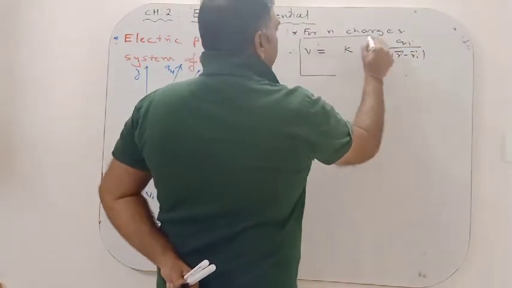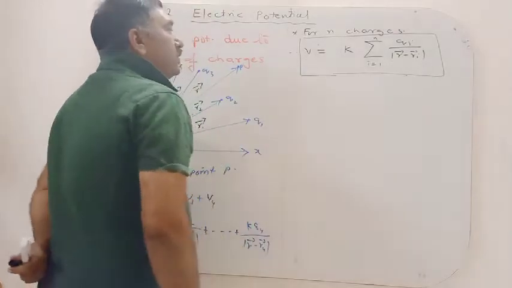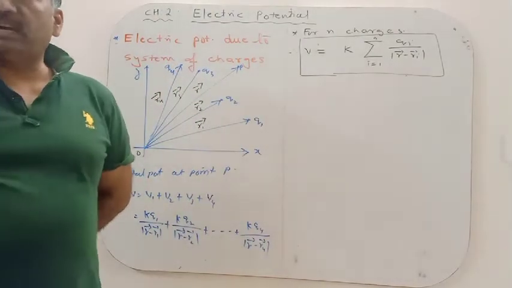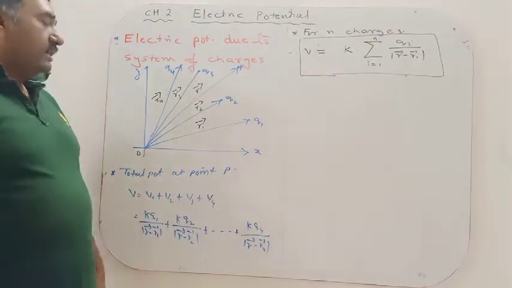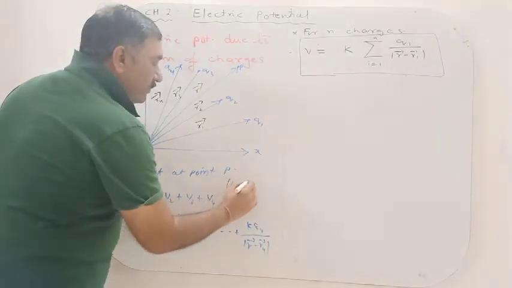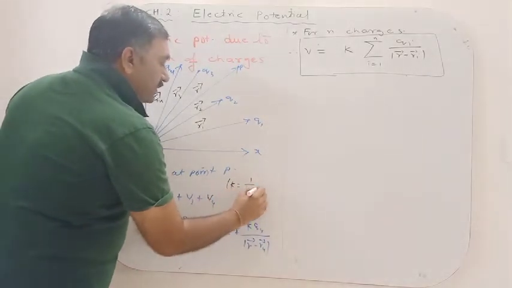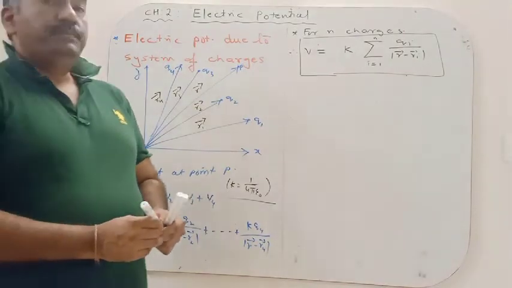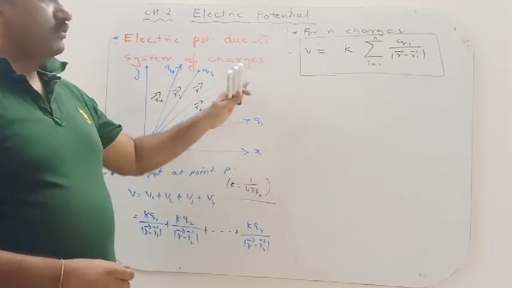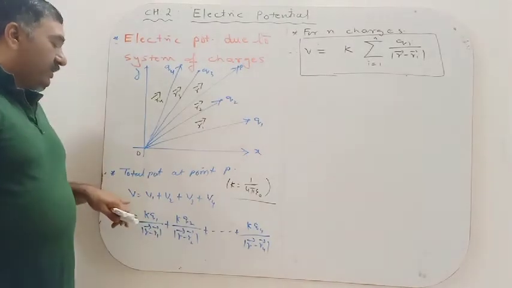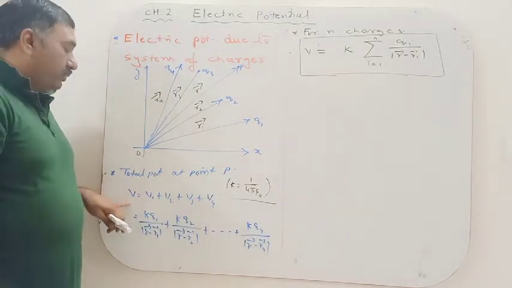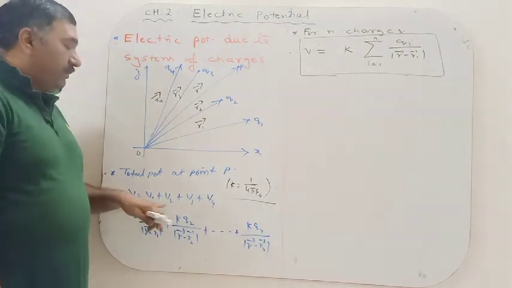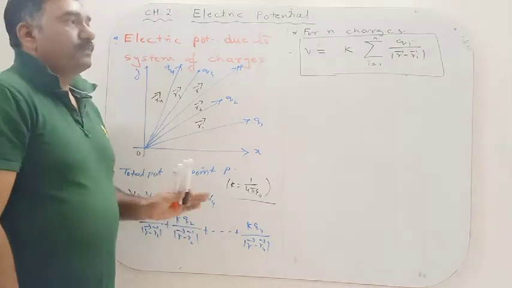So this is the very basic formula for potential due to n number of charges. Here, what is the value of k? k is 1 upon 4 pi epsilon 0, which you already know, as we studied in chapter number 1. For the potential due to n charges, the total potential is the sum, because it is a scalar physical quantity, so you can easily add it. V is equal to V1 plus V2 plus V3 up to V4.